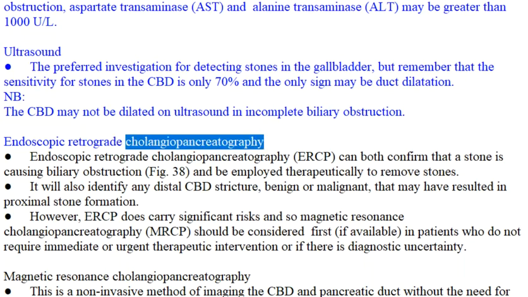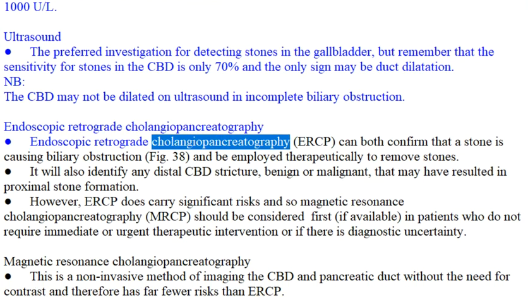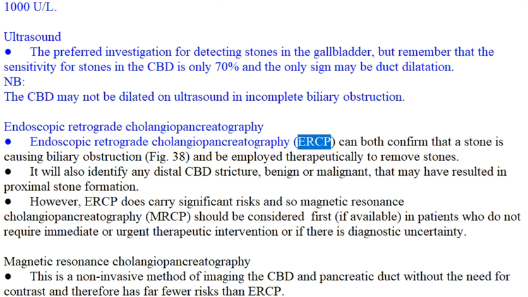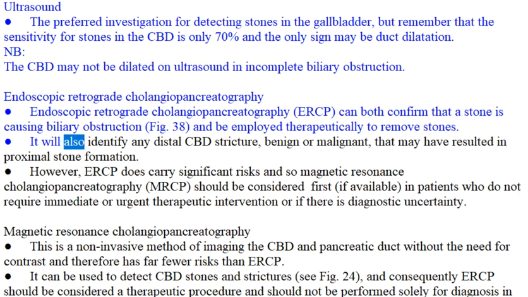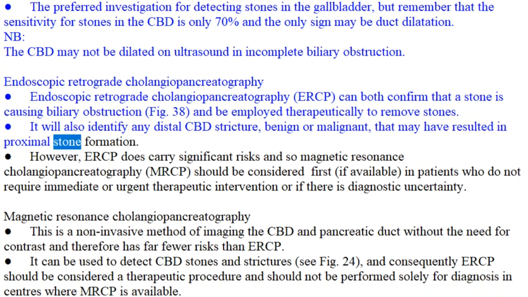Endoscopic retrograde cholangiopancreatography, ERCP, can both confirm that a stone is causing biliary obstruction, Fig 38, and be employed therapeutically to remove stones. It will also identify any distal CBD stricture, benign or malignant, that may have resulted in proximal stone formation.